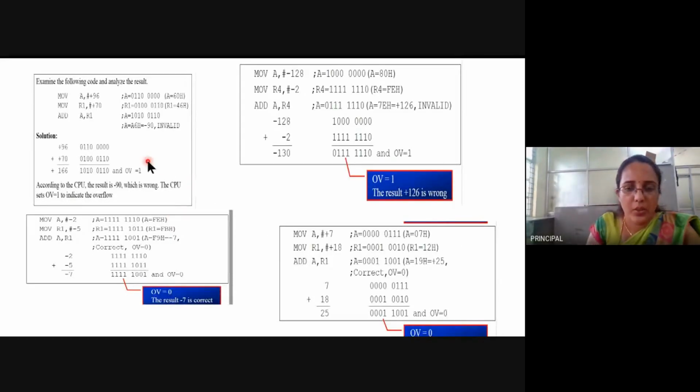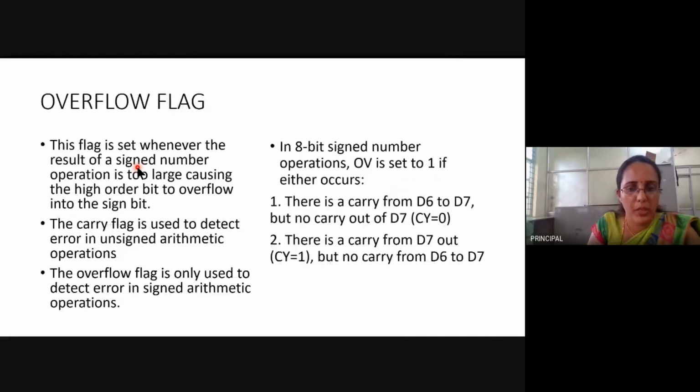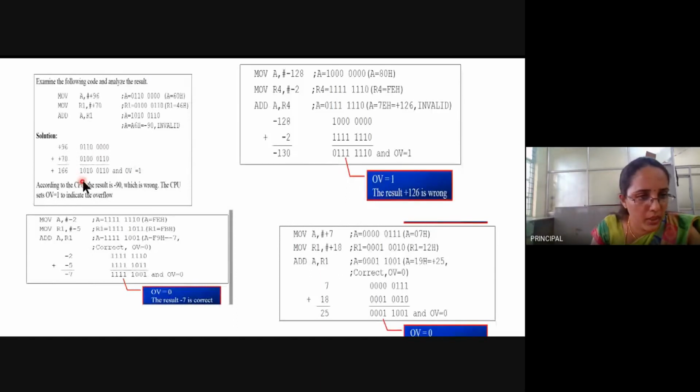If it is overflowing or higher than this range, then the overflow flag will be set. So here you are adding two numbers and getting 166 as the result. 166 is greater than 127, so the overflow flag is 1.